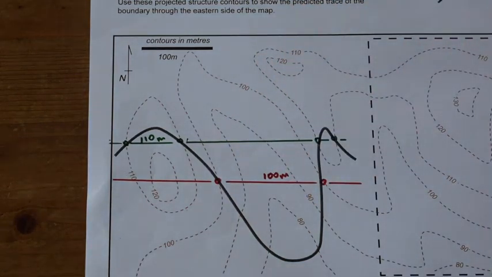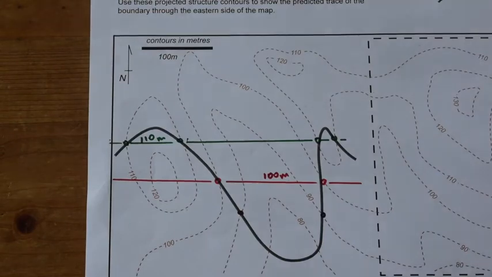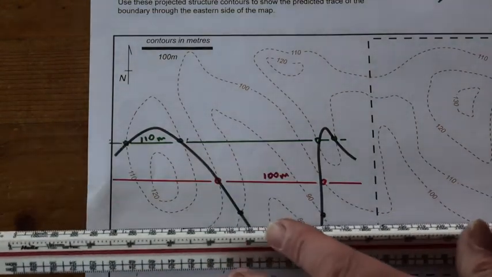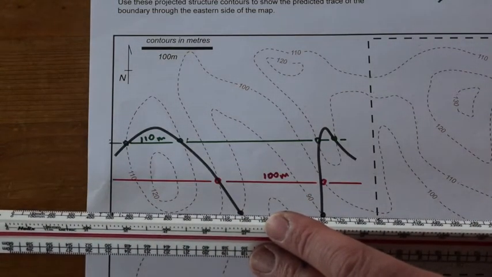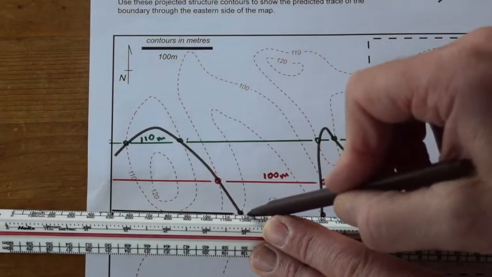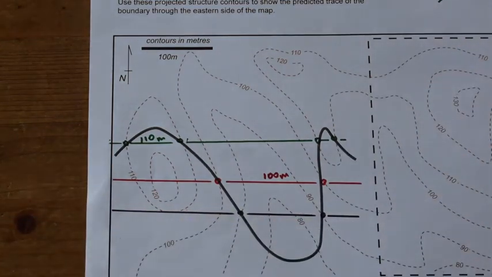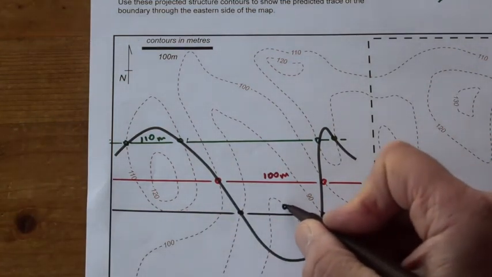And let's put on the 90 metre here and here. Again, let's join that up as a straight line. Like that, so that's the 90 metre.